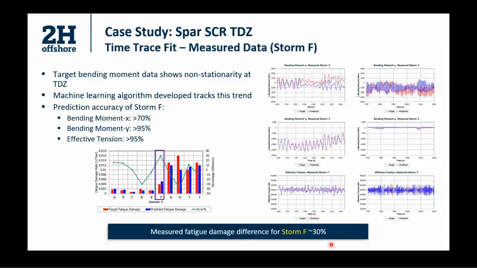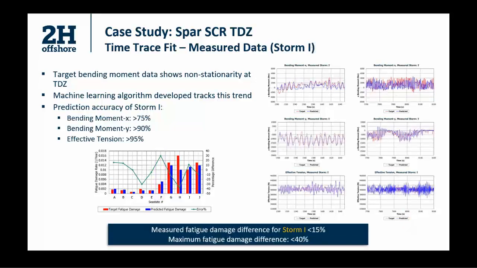Looking at a second storm, storm F, we basically see a similar kind of response, and the only distinction is in the out of plane bending moment, and even here the first order response is captured pretty well. Considering all this, the measured fatigue damage rate is a slightly higher 30% inaccuracy, but this still represents a pretty good match.